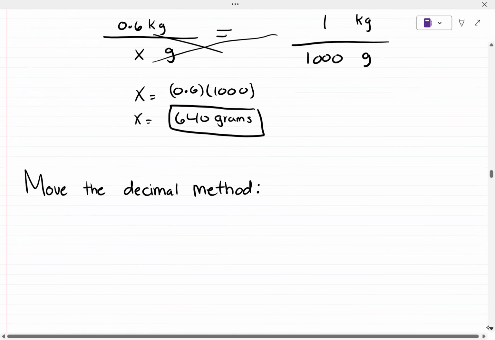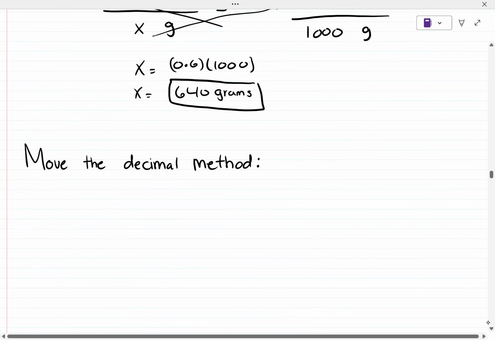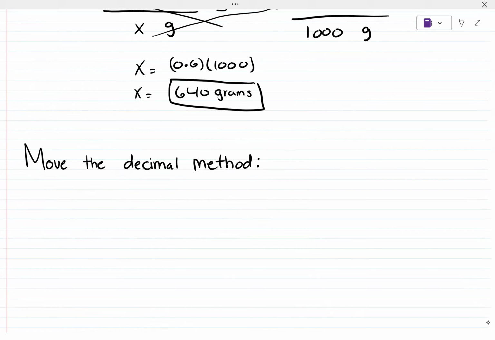Okay, so the move the decimal method. So we said before, kilograms is fairly large and grams is kind of small, so we are technically going from a larger to a smaller unit.